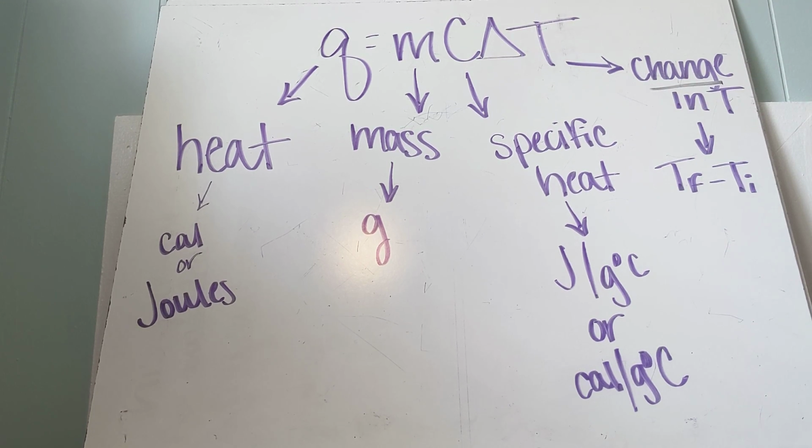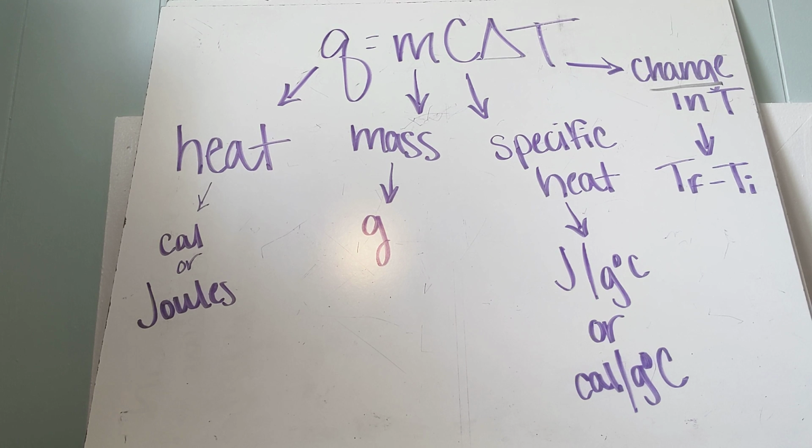C is the specific heat. Specific heat is a constant, but a different constant for every different substance. Water will have a different specific heat for every phase: water as a solid has a specific heat, water as a liquid has a specific heat, and water as a gas has a specific heat.